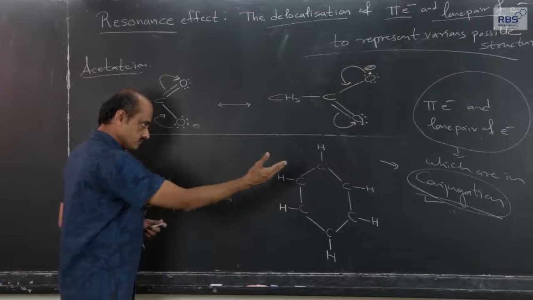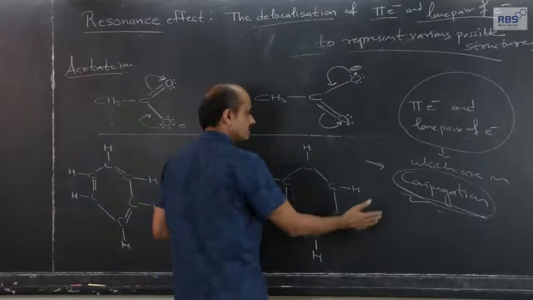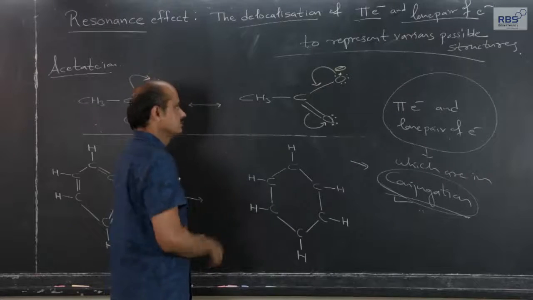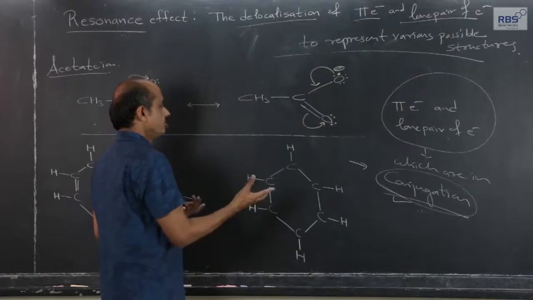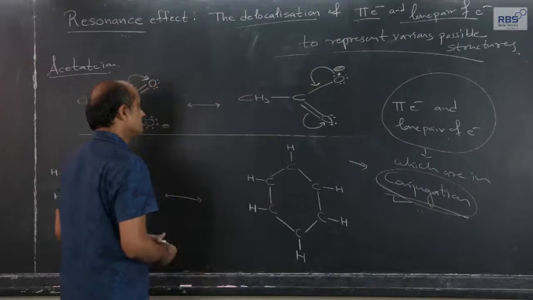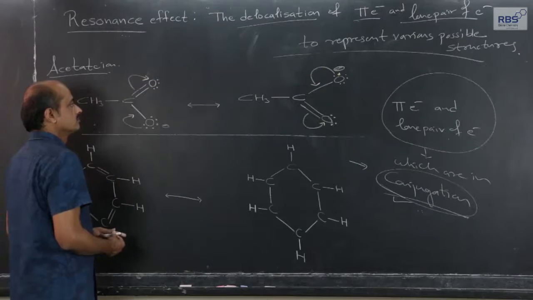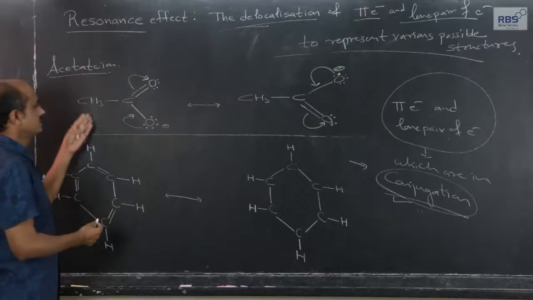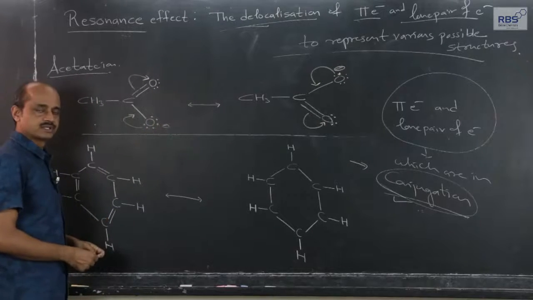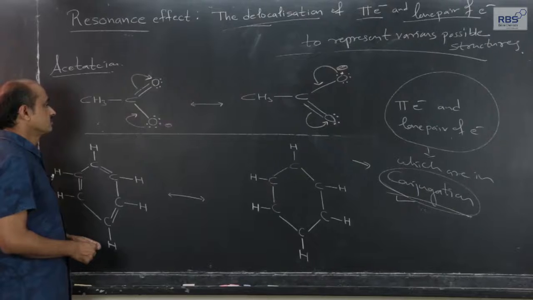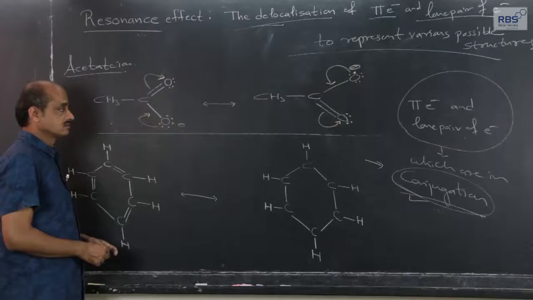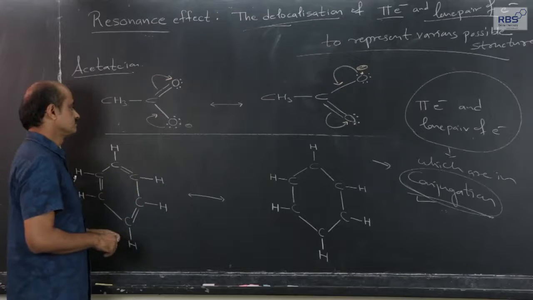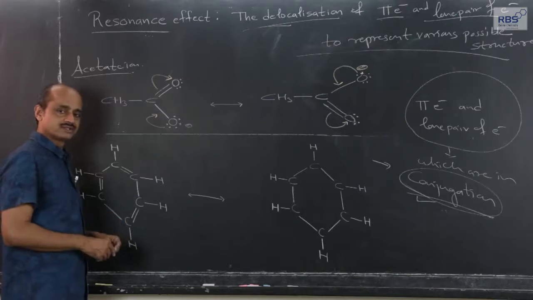In systems which are in conjugation, various structures can be written by delocalization. The example here I have just written and explained, but resonance is not limited to this. It also explains something else.